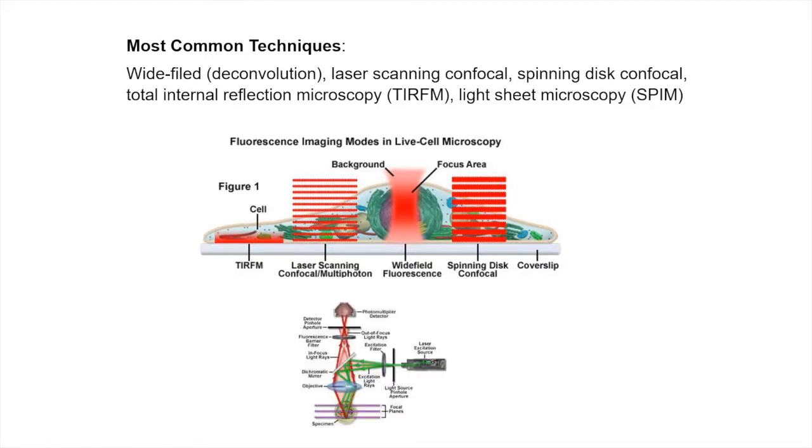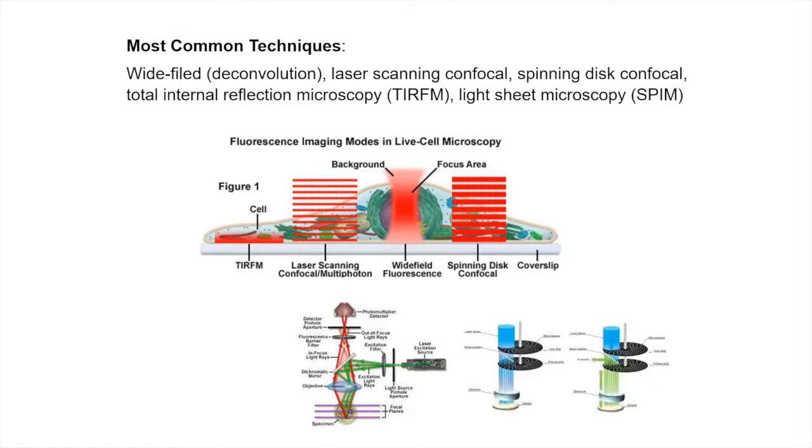In confocal imaging, the out of focus light is rejected by the pinhole on the emission side, and as a result you can do optical slices and look at different parts of the cell at better resolution.